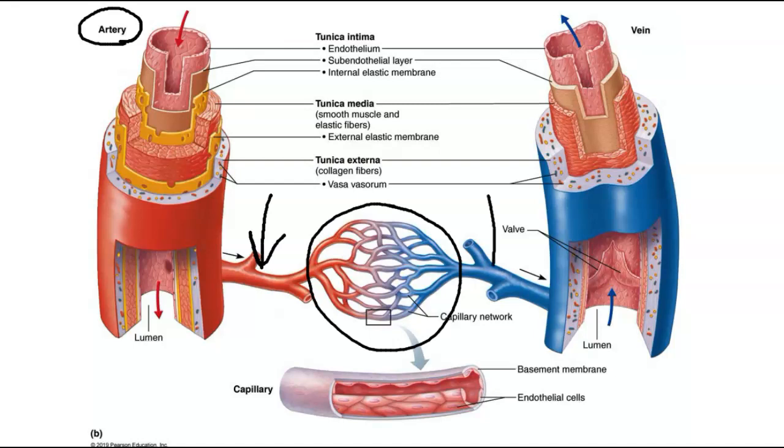And then there's basically a small vein. This is called the venule. And venules convey blood into the vein, and the vein returns blood to the heart. So let's take a look at these 5 different types of blood vessels, starting with the artery, then moving into the arteriole, capillary, venule, vein.